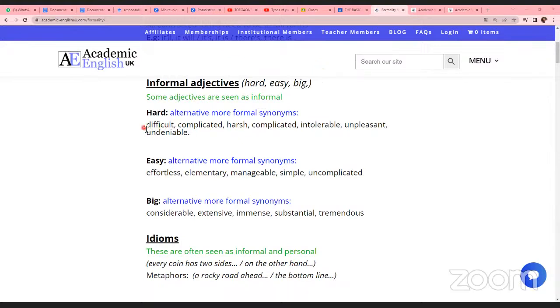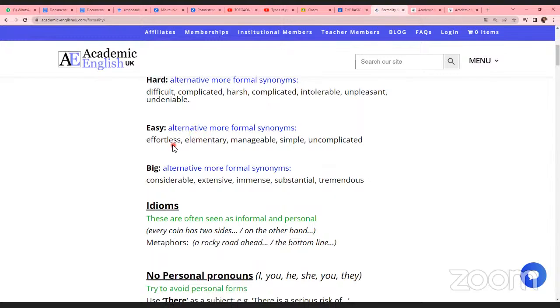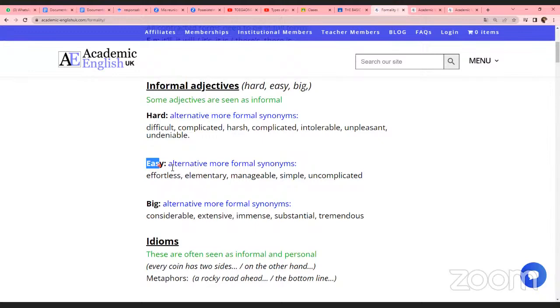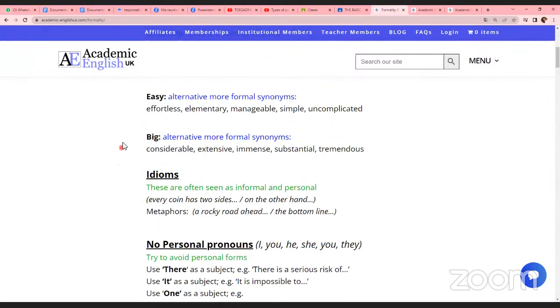So instead of saying hard, we can say difficult, complicated, harsh, intolerable, unpleasant. As you can see, there is a big difference in adjectives. For example, if I want to say easy, but again we are trying to sound more formal, we're going to say effortless. Instead of it was an easy essay, it was an effortless essay.